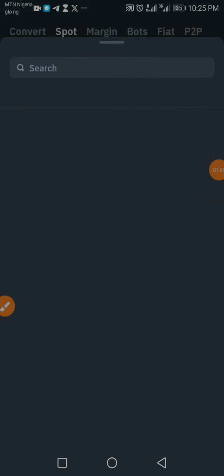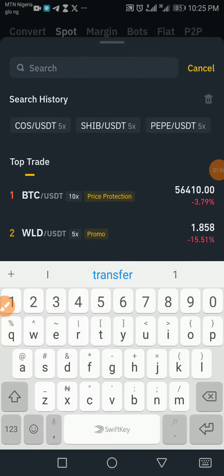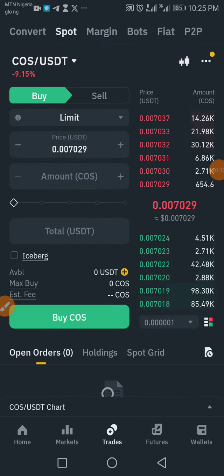So basically we're going to look for the token called COS USDT. Here it is. So what we're going to do now is we are going to compare the market and see where we can get it cheaper and where we can sell it at a higher price than how we got it in order to have our profit.